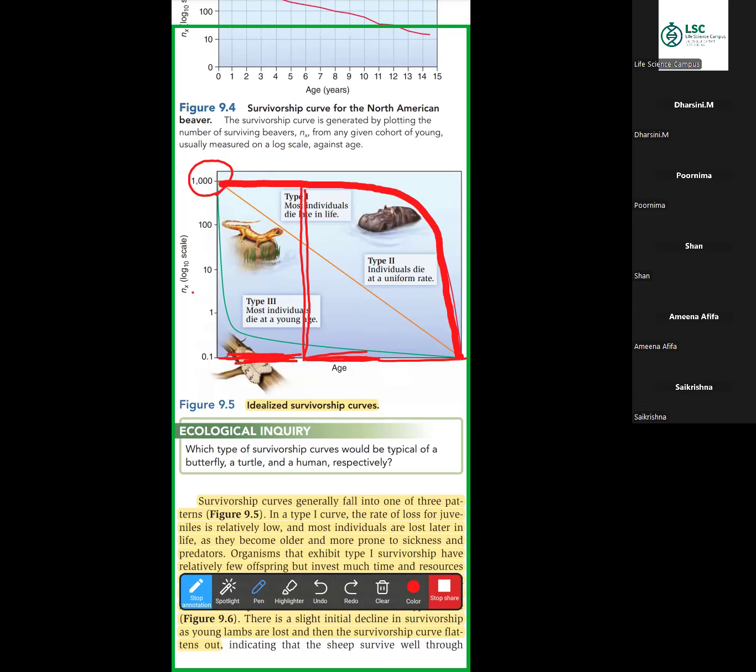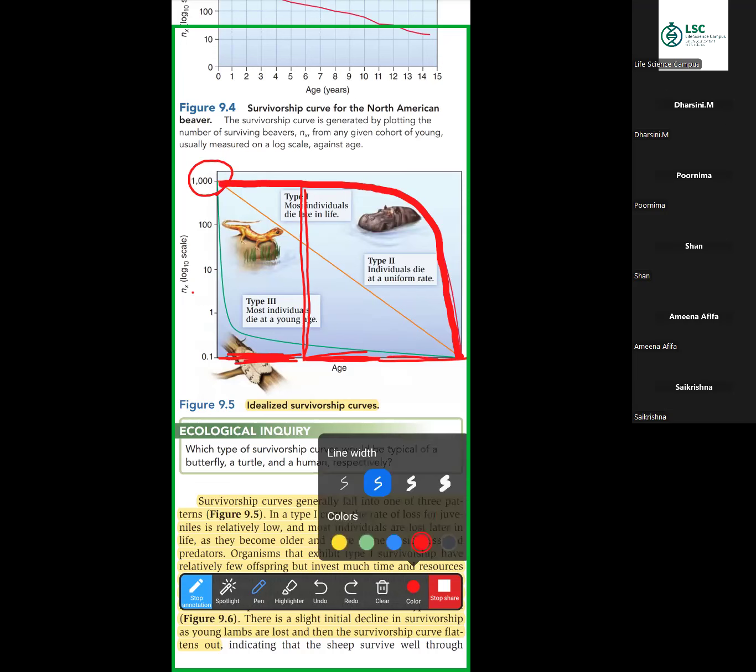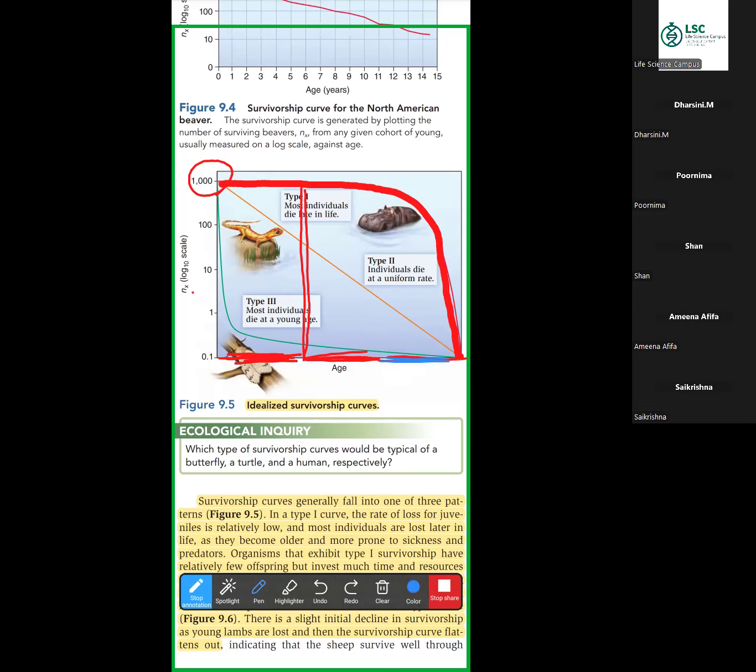Most individuals die late in their life. The last portion of this curve indicates aged individuals. As the area of aged individuals enters, there is a steep decrease in the population size.